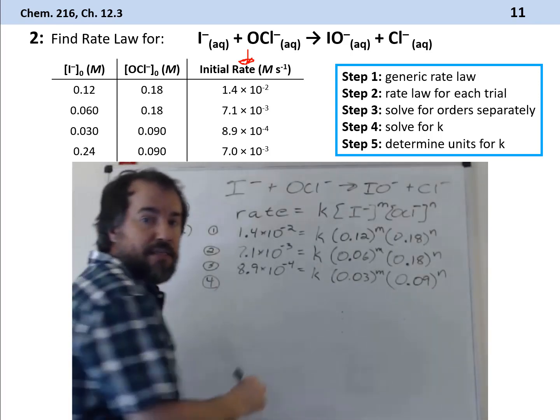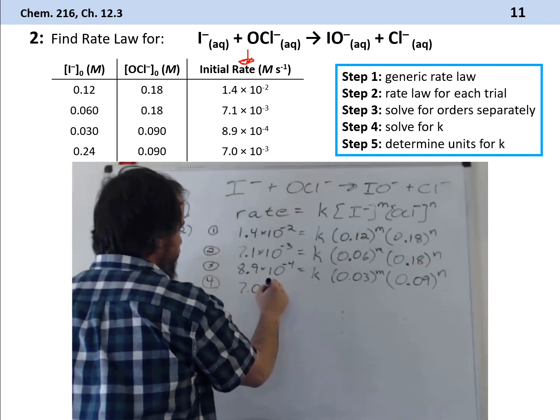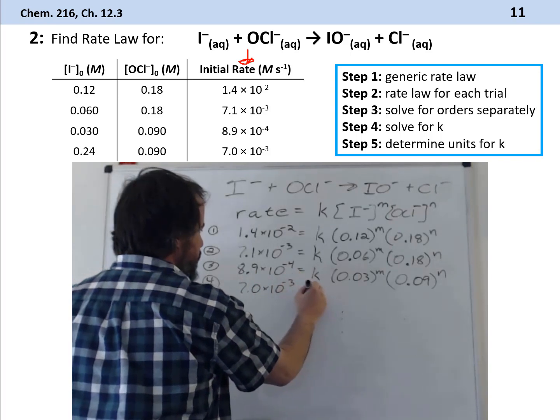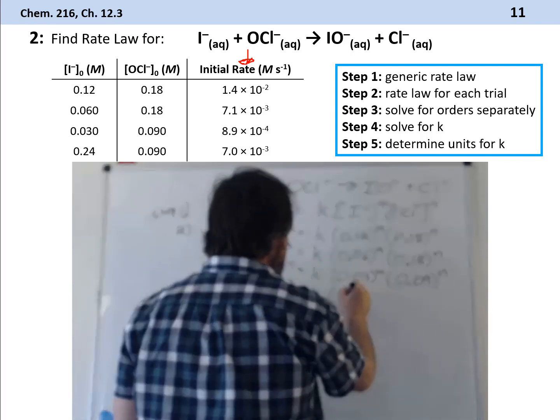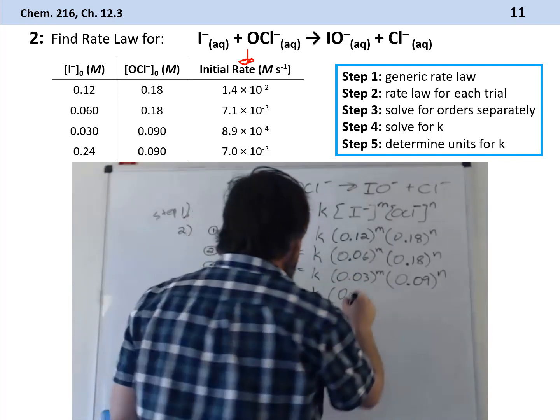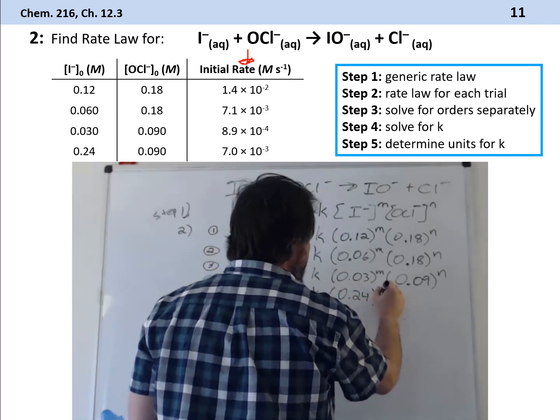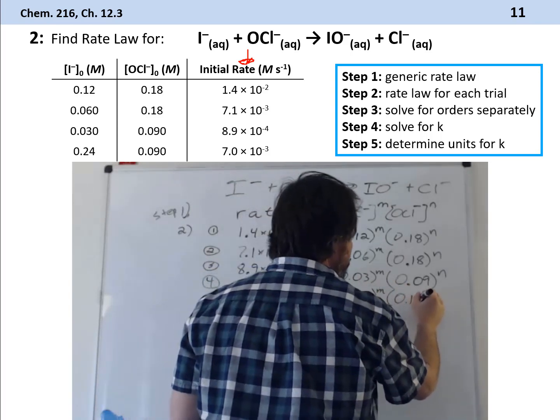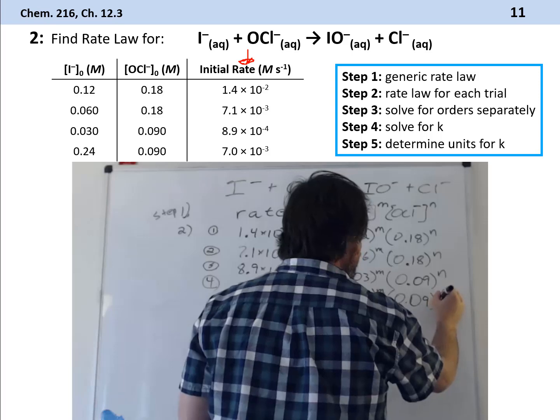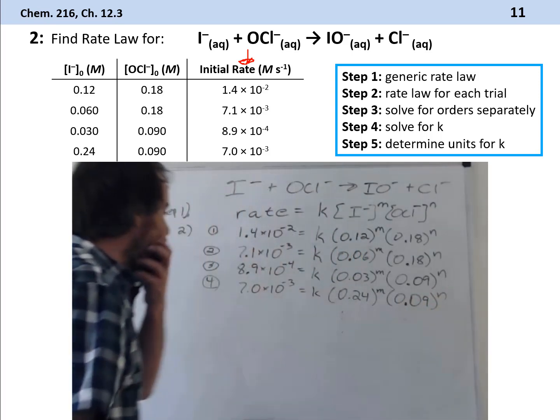And then finally 7.0 times 10 to the minus 3 equals K times 0.24 to the M times 0.09. Okay, so I have these 4.